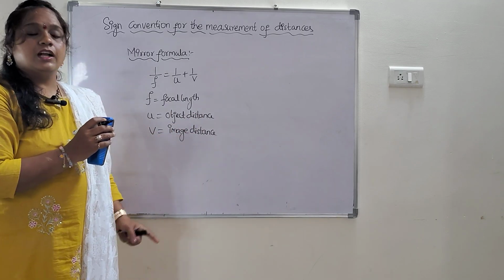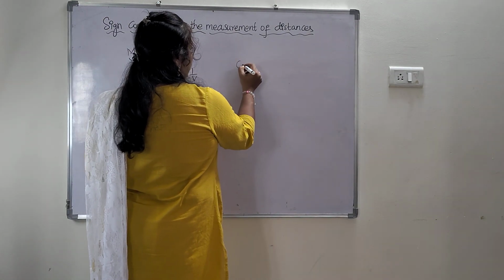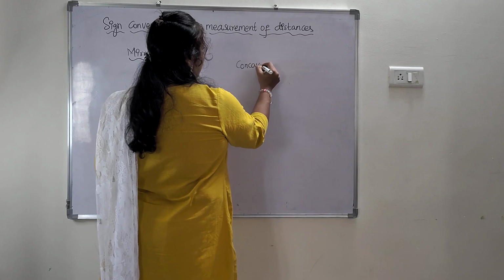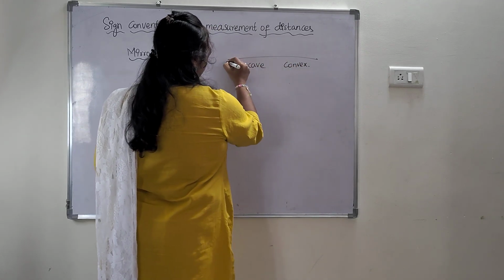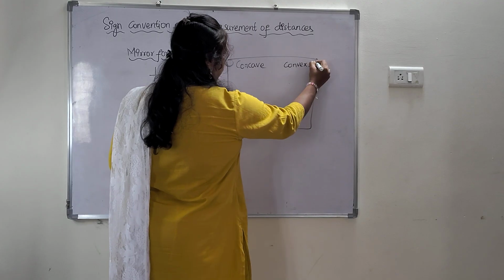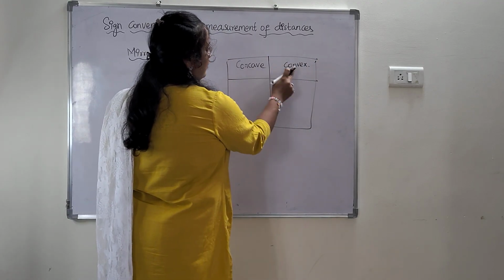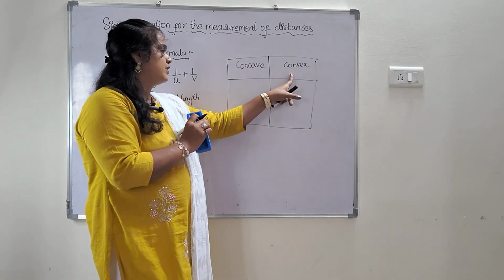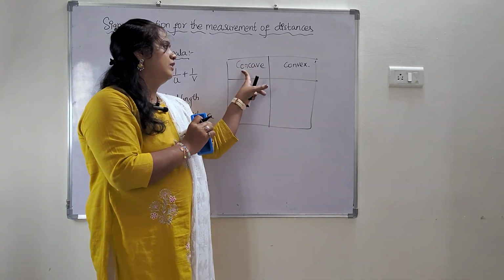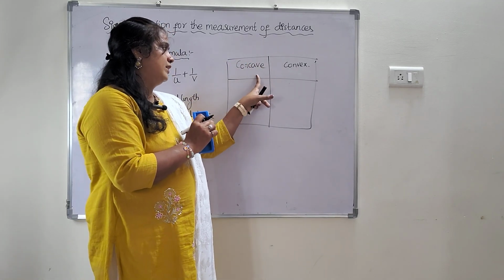Now what is the tip? Tip number 1: to remember this sign convention, first we should draw a table. Concave, convex. If you observe the words concave and convex, con is the same. The difference is cave and vex.